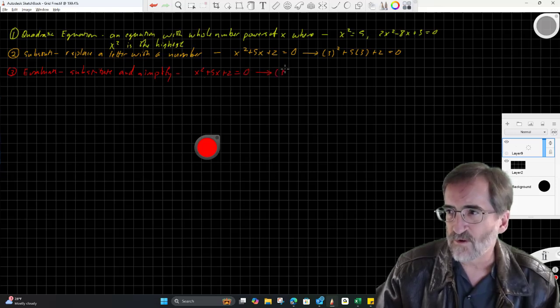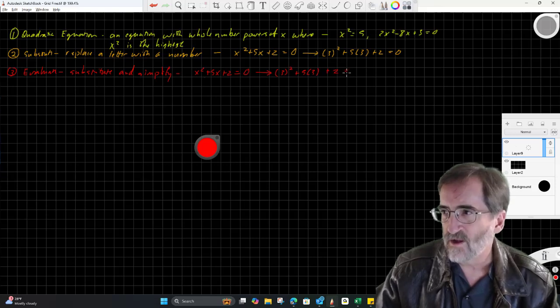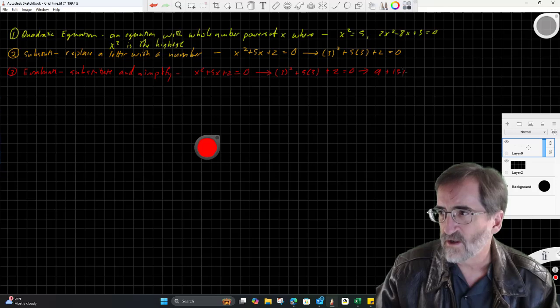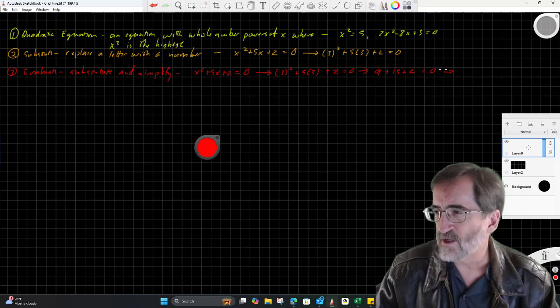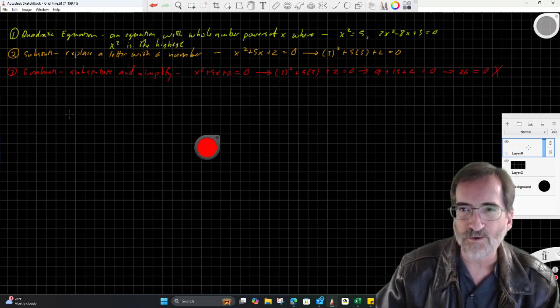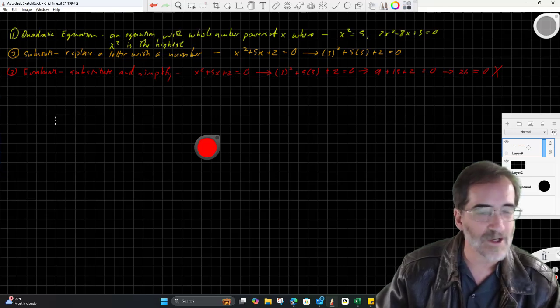Replace x with a number like 3. To simplify, 3 squared is 9, 5 times 3 is 15, and 9 plus 15 plus 2 is 26, which does not equal 0. That's false. So 3 is not a solution of that particular quadratic equation.